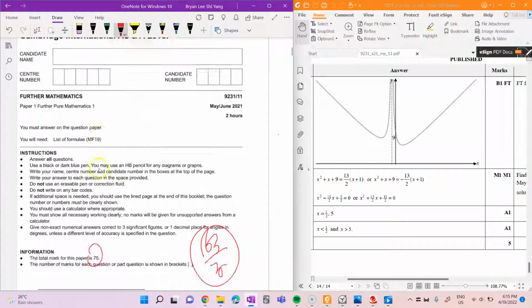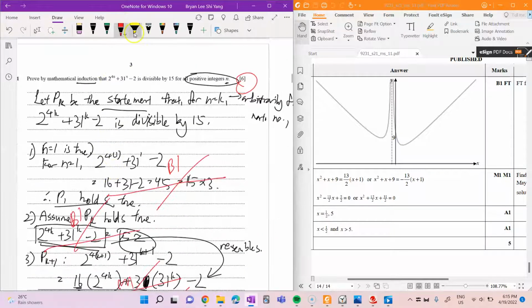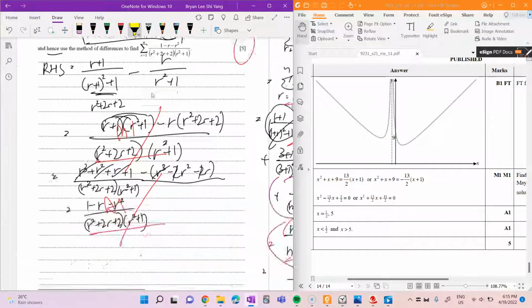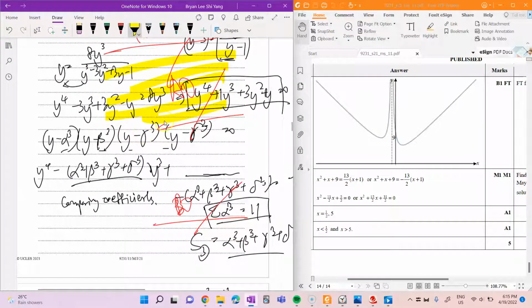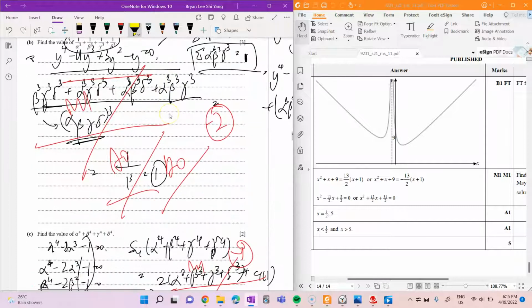What are some examples of dumb mistakes? Dumb mistakes include knowing that I have a 1 here, but I still use this. And this whole thing caused my succeeding parts to also be done wrongly.